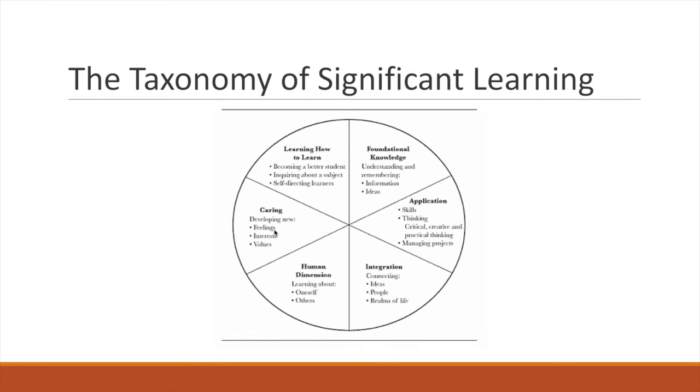The fifth is caring, developing our own professional values and interests and serving our client partners as effective professionals. And finally, the sixth dimension is learning how to learn, which means becoming an independent, self-directed learner and being able to acquire knowledge and skills on our own when we need them to solve problems.